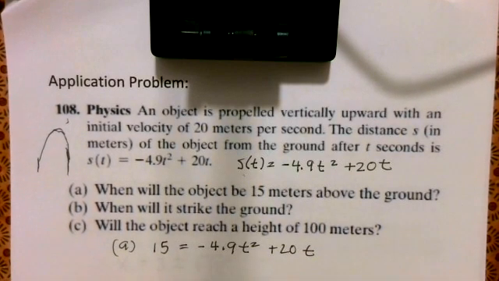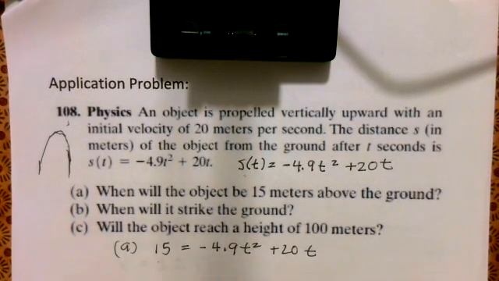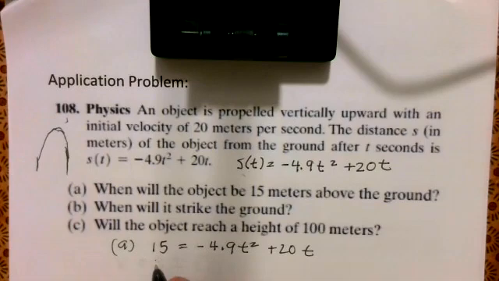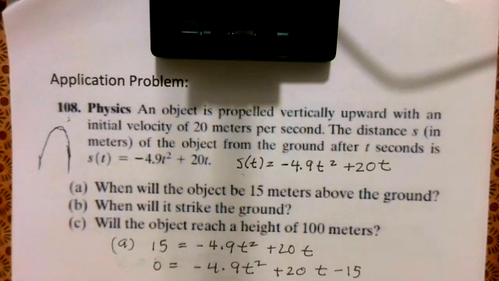And then what we're going to want to do is get it set equal to 0. So I'm going to go 0 equals minus 4.9t squared plus 20t minus 15.